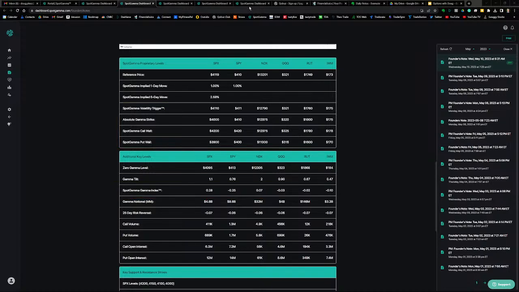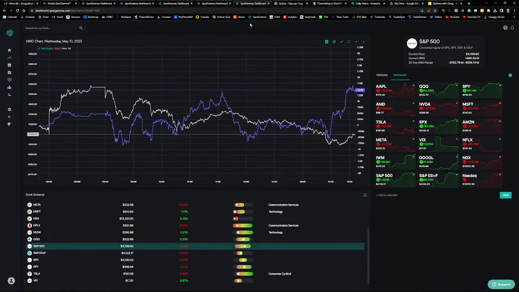All right, let's take a look at setups now. First of all, this is the hero signal from SpotGamma. This chart is showing price with a white line and the hero signal, hedging impact of real-time options. So this is showing real-time options trades for SPX, SPY, and ES futures and market maker hedging activity.